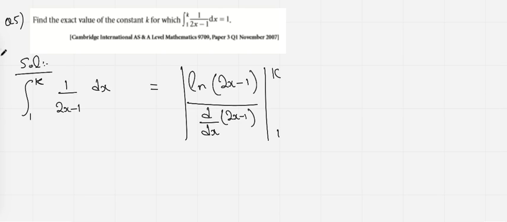If you are not using u substitution, then you just apply the formula directly, and in the denominator you are going to differentiate this expression. So it is going to be simply 2 when I take out the derivative. So ln of 2x minus 1 upon 2 going from 1 to k.